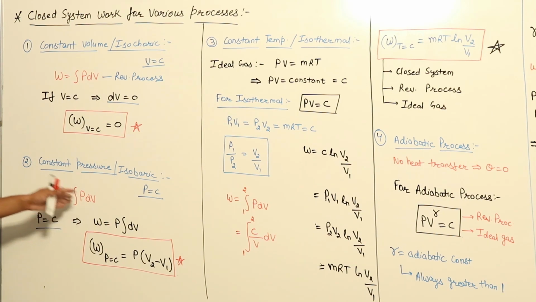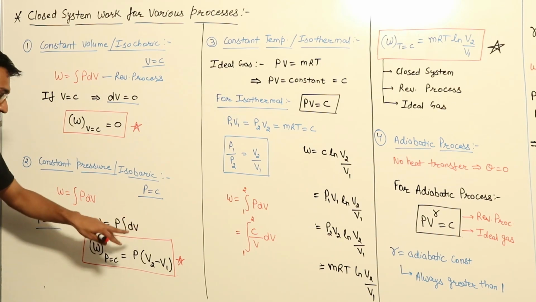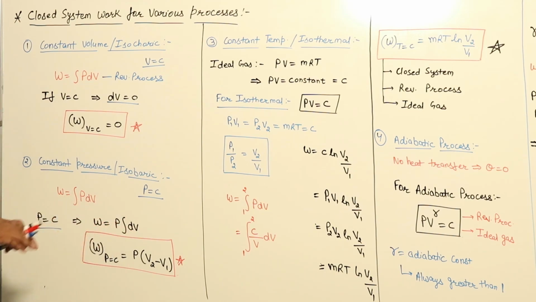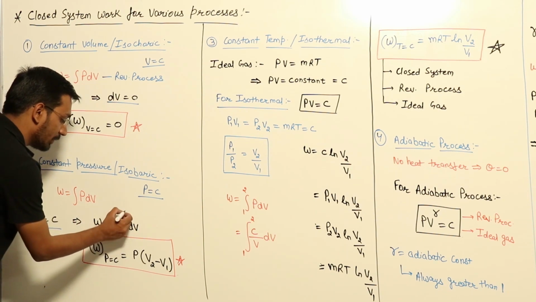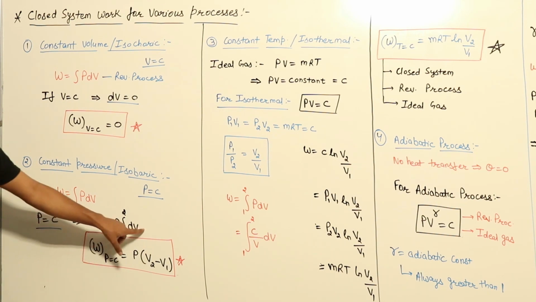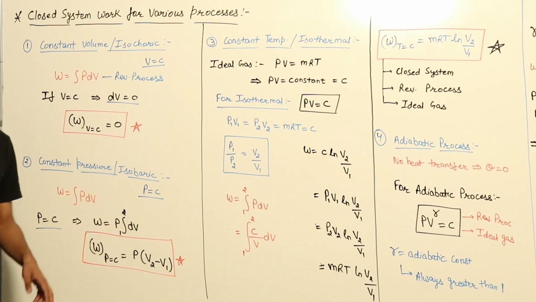So the work done will be equal to P times the integration of dV, and integration of dV is equal to volume V. If I put the limits for a process going from point 1 to point 2, it is V2 minus V1, upper limit minus lower limit.